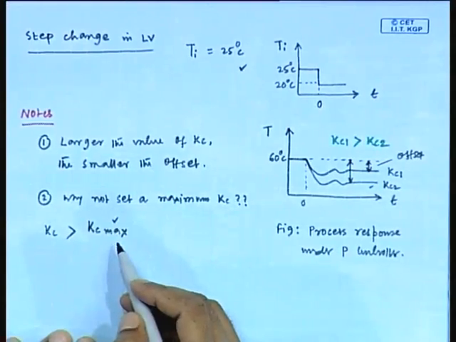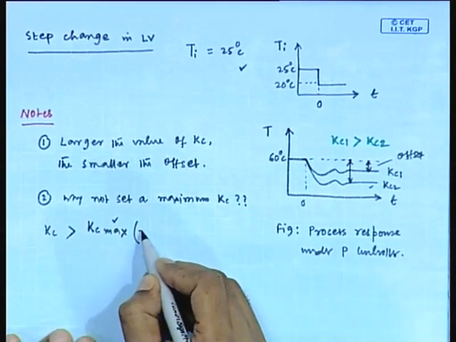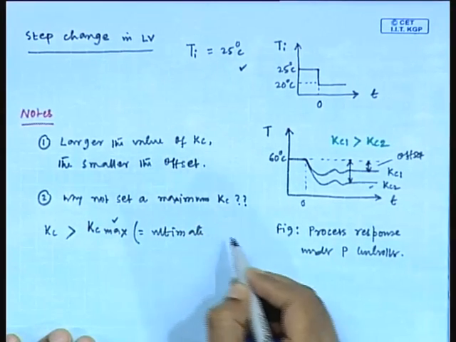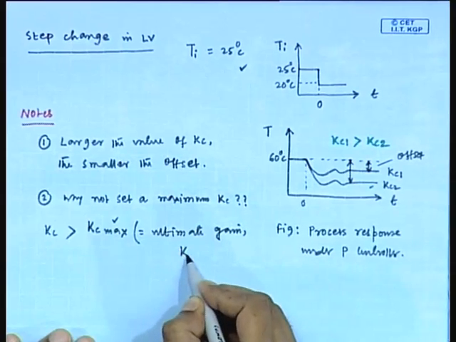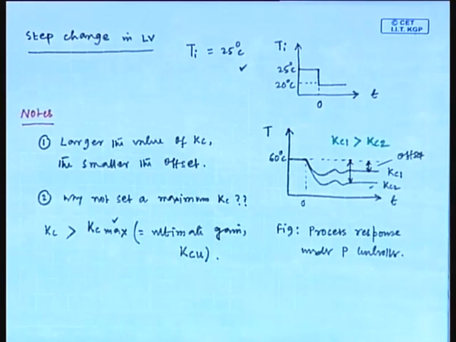Fine. And this Kc max is called ultimate gain, represented by Kcu. So, we cannot consider an arbitrarily large Kc value to reduce the offset, there is a certain limitation.